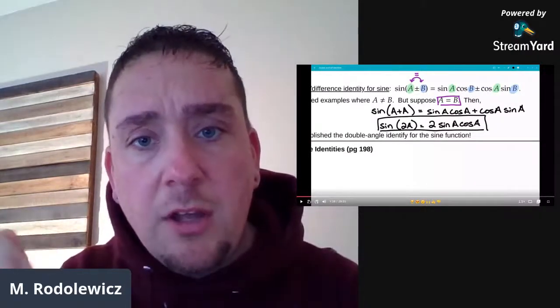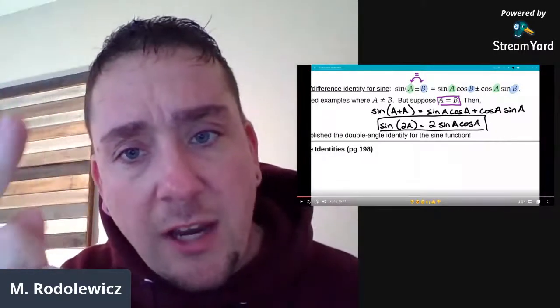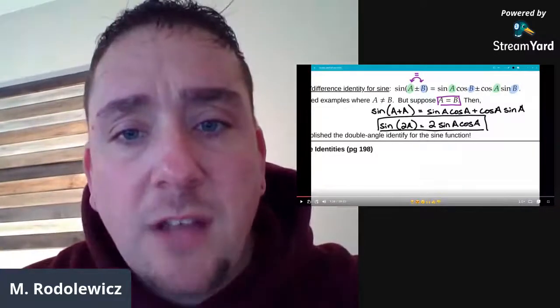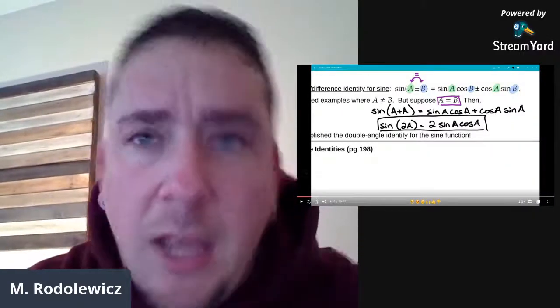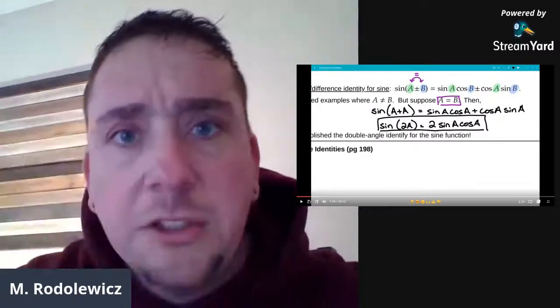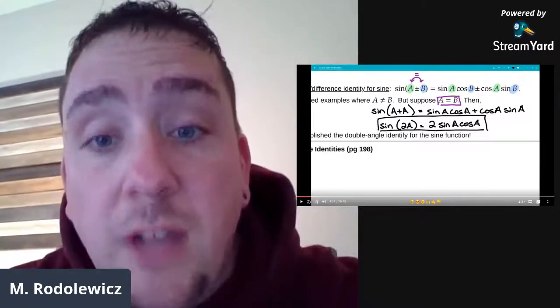It's commutative. So imagine in your mind that we switch the sine and cosine. So I'd be looking at sine A cosine A plus sine A cosine A. Hey, those are like terms, so we can combine them to make 2 sine A cosine A.